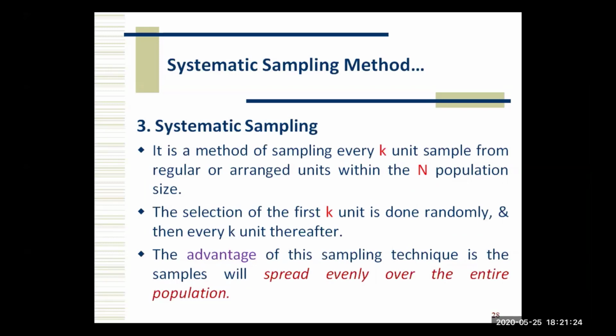The third type is the systematic random sampling method. In this method you select every kth element from the population by arranging units within the entire population. The selection of the first unit is done randomly, and then you select every kth unit after that.